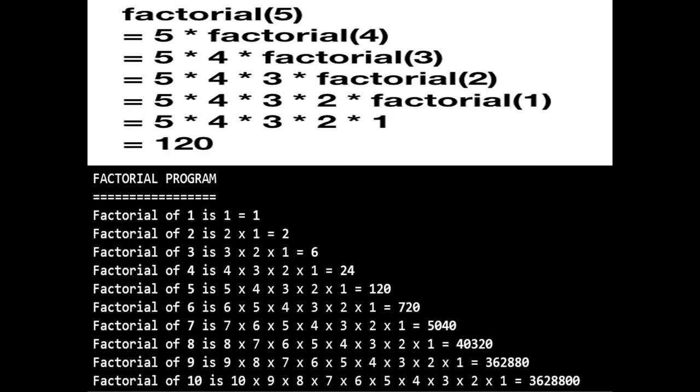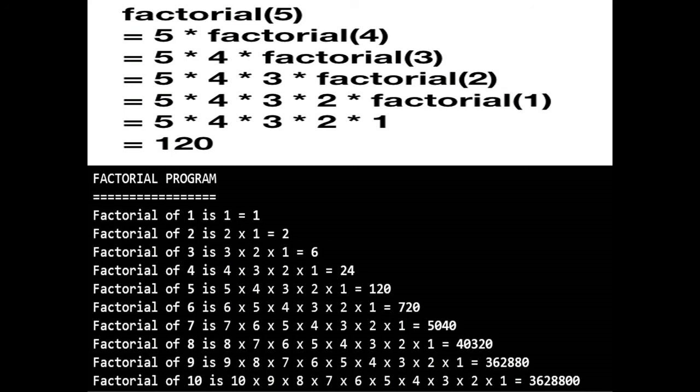Let's do the dry run for the factorial. Imagine that we are executing the function, its name is factorial and the value given inside is 5. When it comes to the if part, it will check if the value is equal to 1. No, so it will go to the else part.